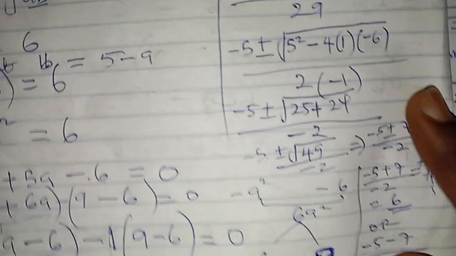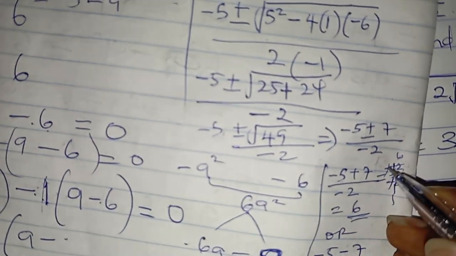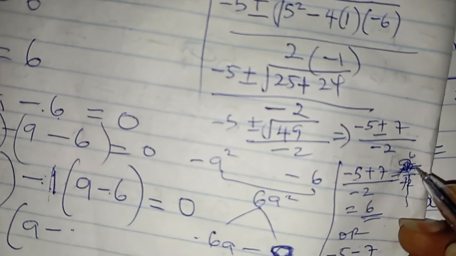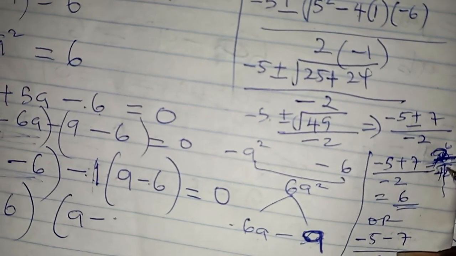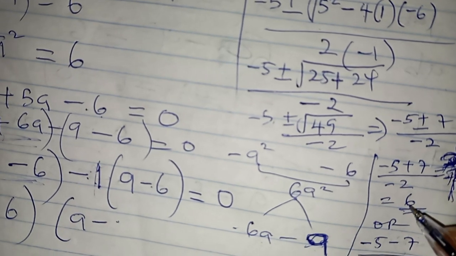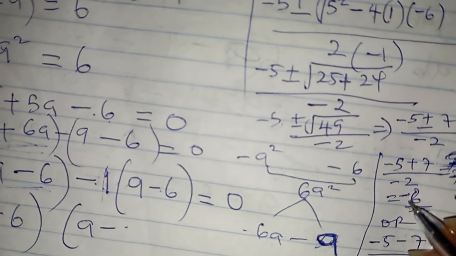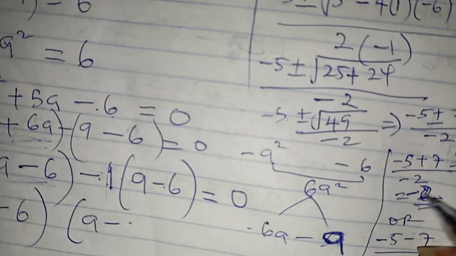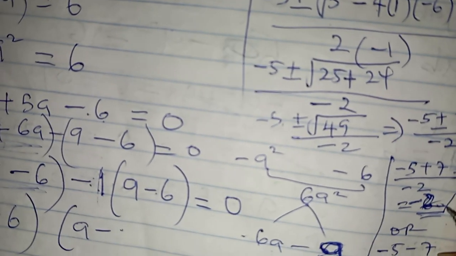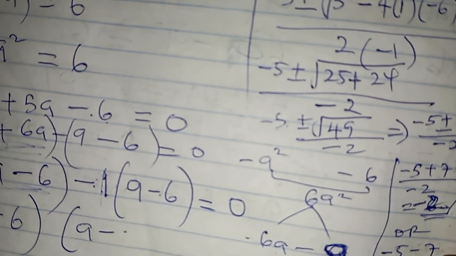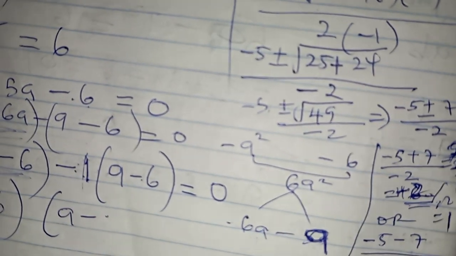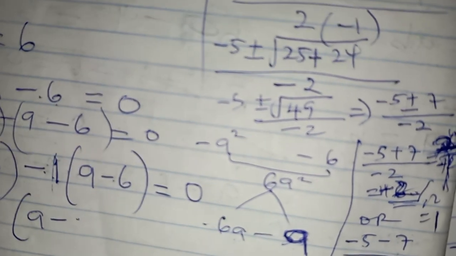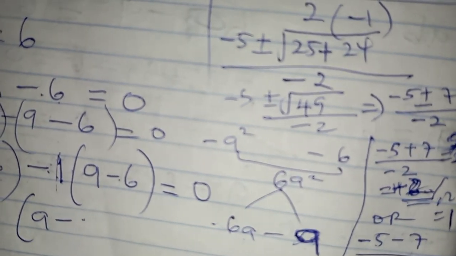So this one now is supposed to give me 2 over minus 2. And that is going to be the same thing as saying minus 2 divided by minus 2. Sorry, 2 divided by minus 2, which is going to give me minus 1.